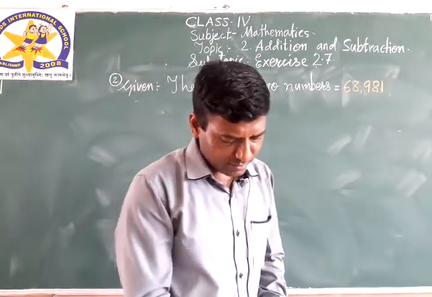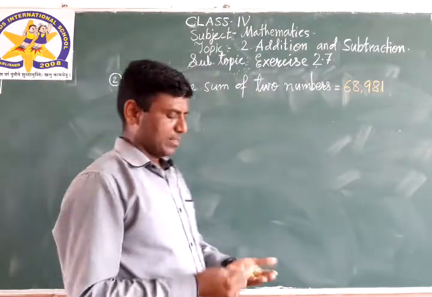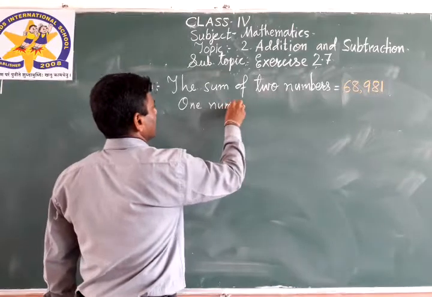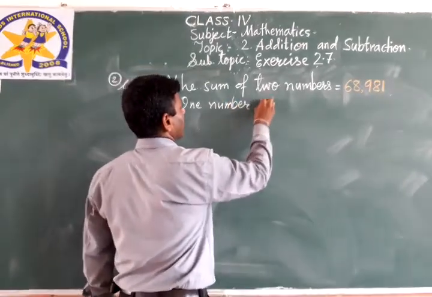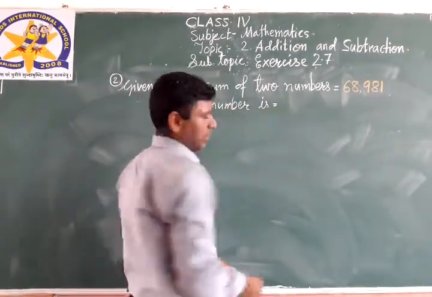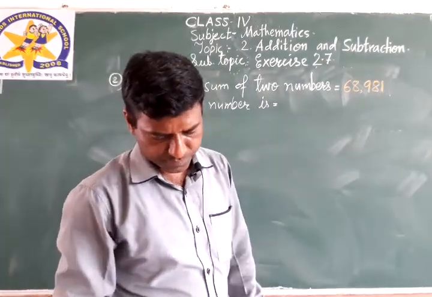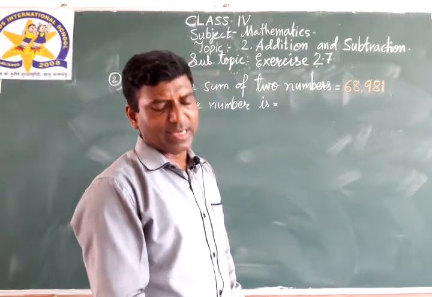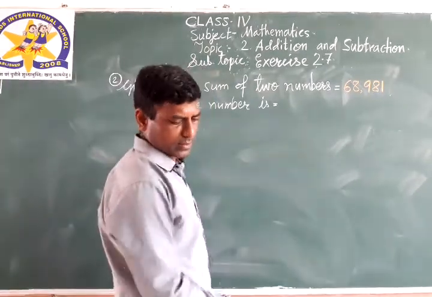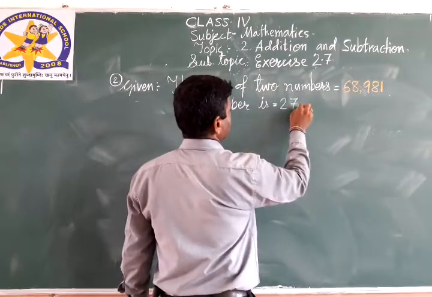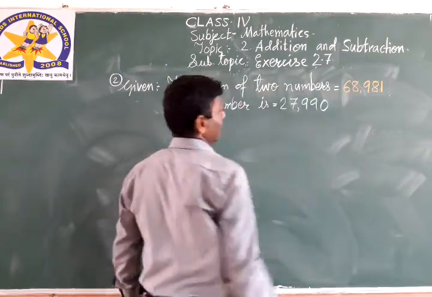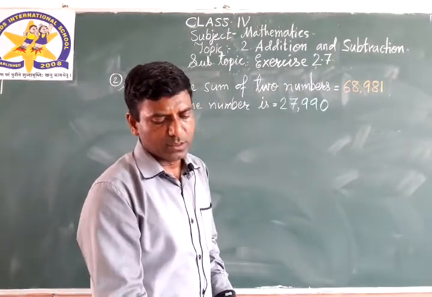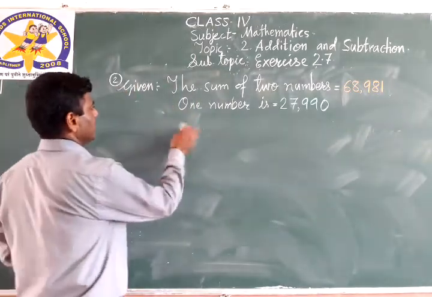One number is given. What is one number? 27,990. What will we have to find out? We have to find out the other number.